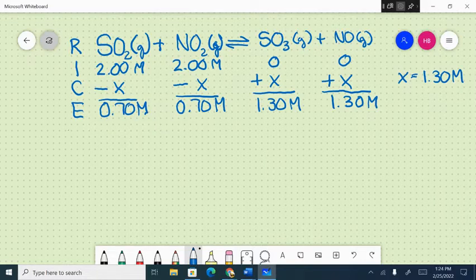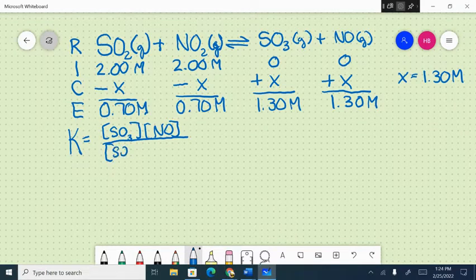So let's get our K expression. If you remember, our K expression is products over reactants. So it's going to be SO3, brackets to indicate concentration, which is what we're dealing with here. You would see a P for pressure if you were using pressure units. Let's plug in our values.